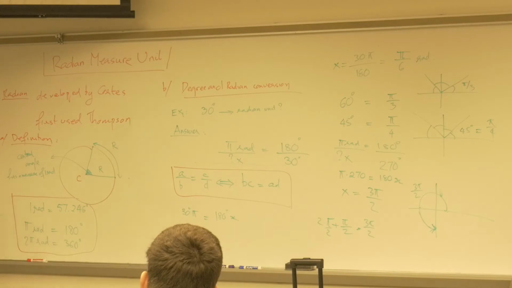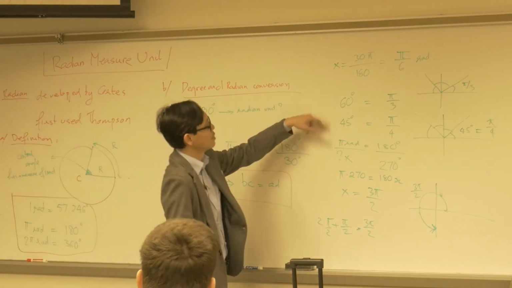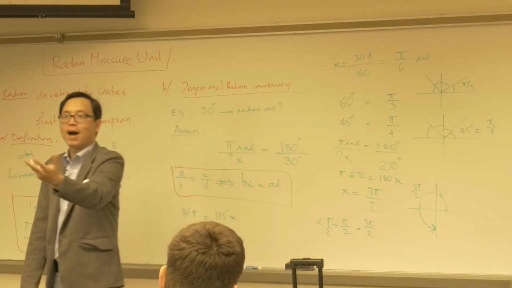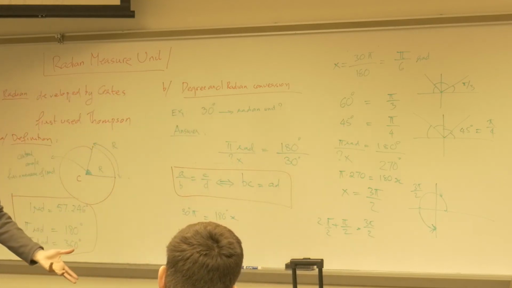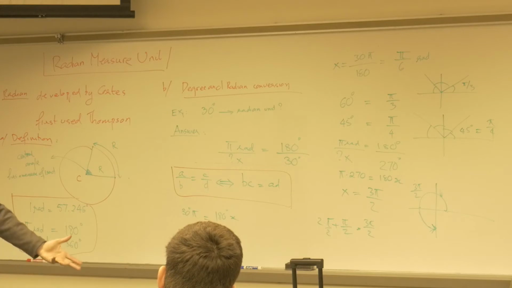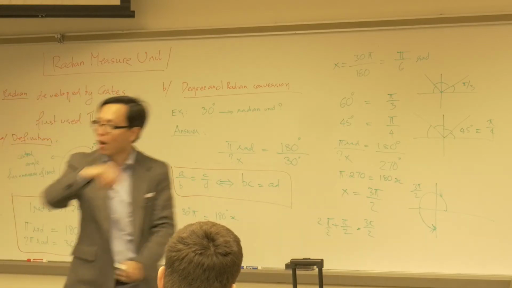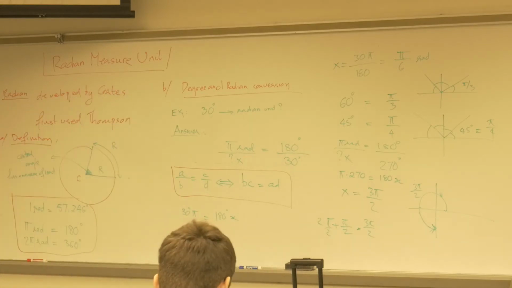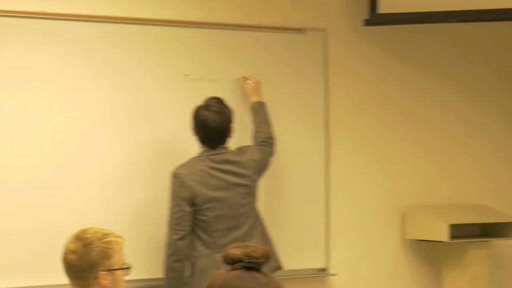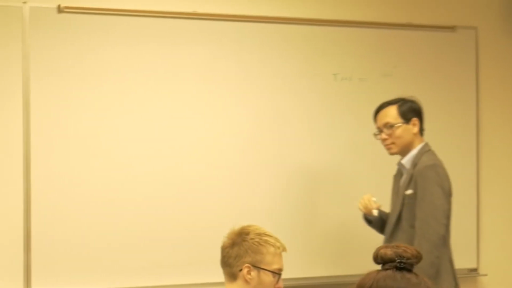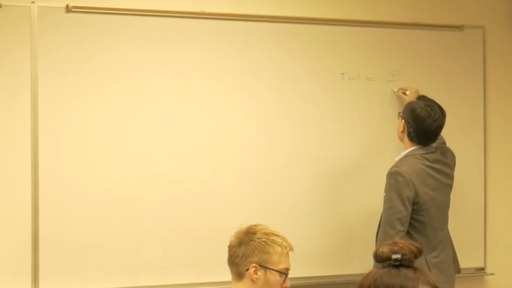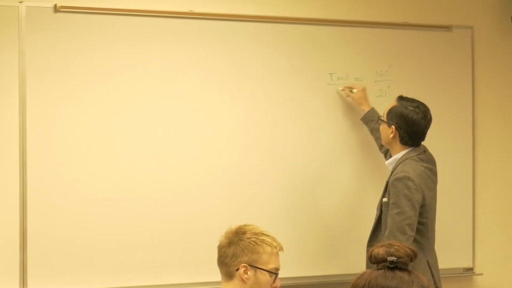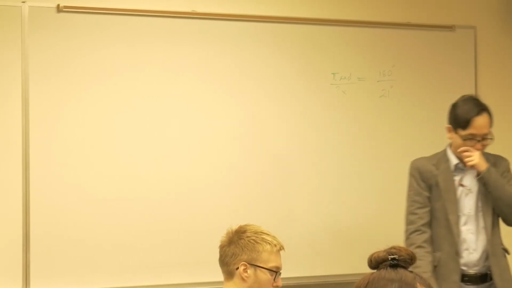So I can convert any degree to radian. Let's do something weird, something that's not a special angle, because so far we've been doing special angles, 60 degrees, 45 degrees. Let's do, how about 21, for example. Again, I'm going to write down the relation: pi radian is 180 degrees. Then I do 21 degrees, how many?